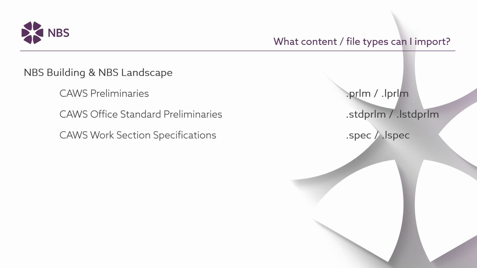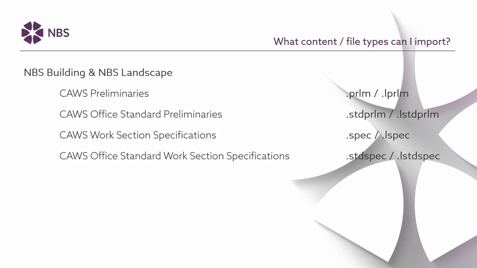You can import CAWS work section specifications. From Building, this would be a .spec file, and from Landscape, this would be a .lspec file. And lastly, you can import CAWS Office Standard Work Section specifications.